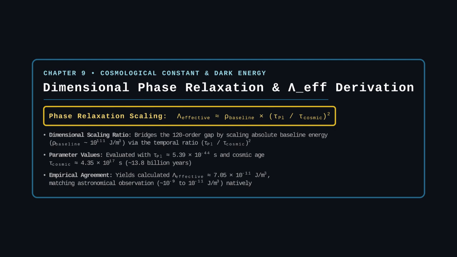Because it is uniform across the spatial graph, its net spatial pressure gradient is 0, grad P baseline equals 0, exerting no direct gravitational acceleration on localized wave packets.